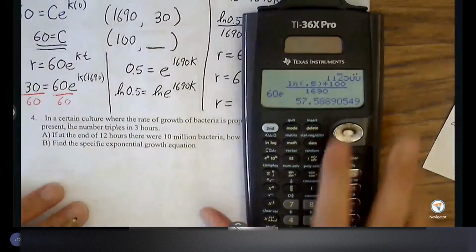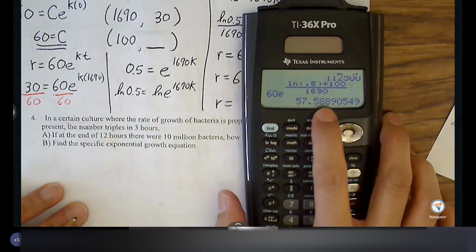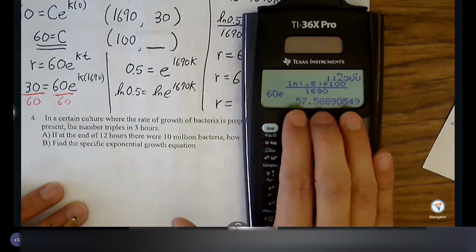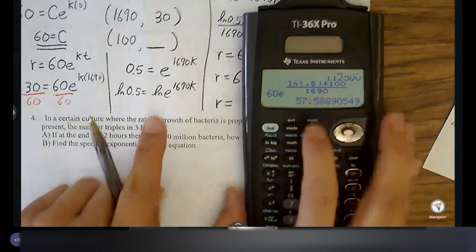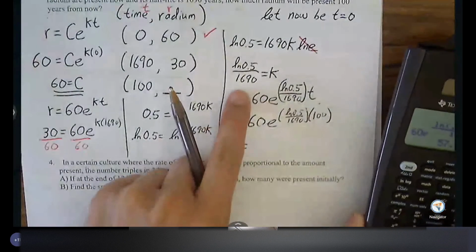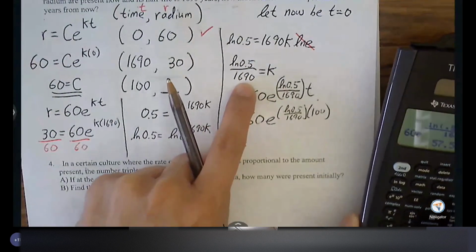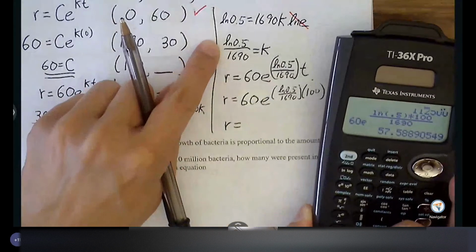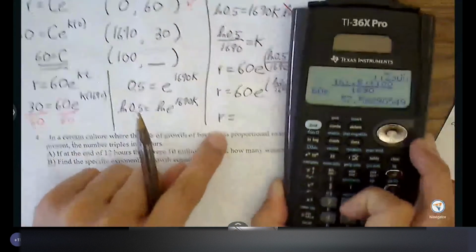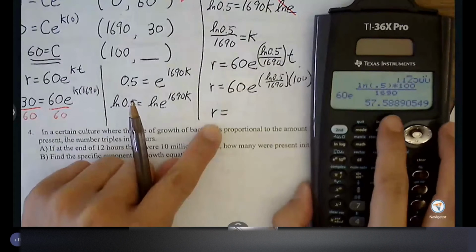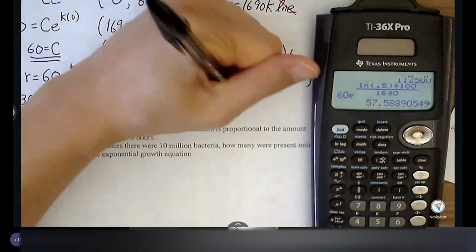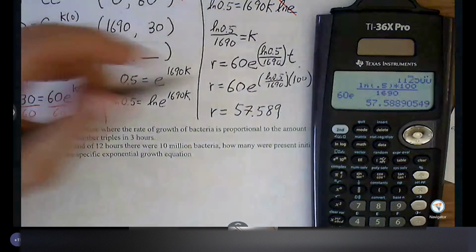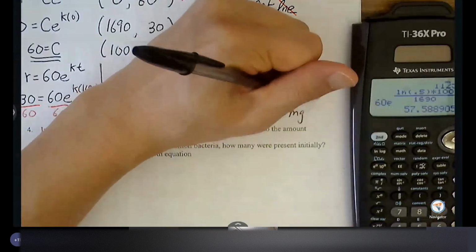Yeah, let's round it to 3 decimal places here. Yeah, 57.589. We've gotten the best approximation we can because we held on to our K value and we didn't let a decimal in yet. So we're having that middle point be as accurate as possible so we can get that 57.589. Okay, milligrams.